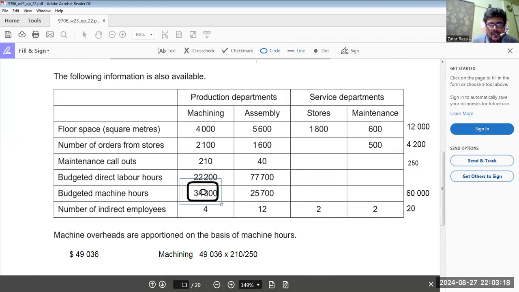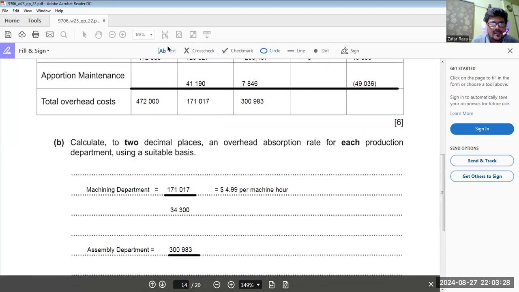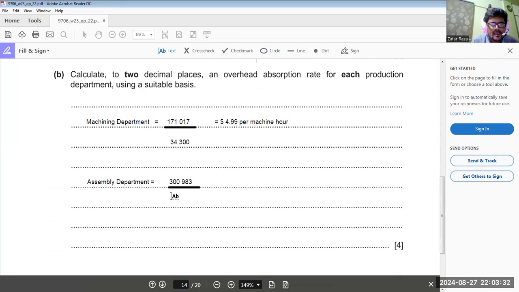For machining department we used machine hours, and for assembly we'll use labor hours, 77,700. 300,983 divided by 77,700 gives $3.87 per labor hour. Okay, and we got 4 marks.